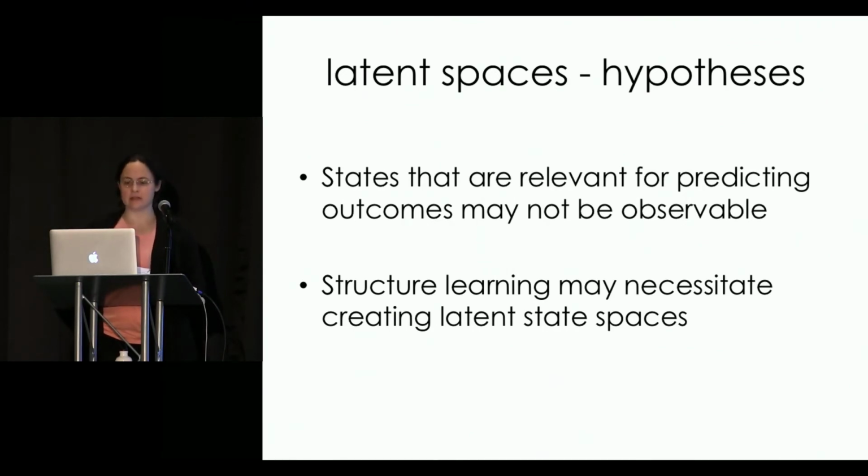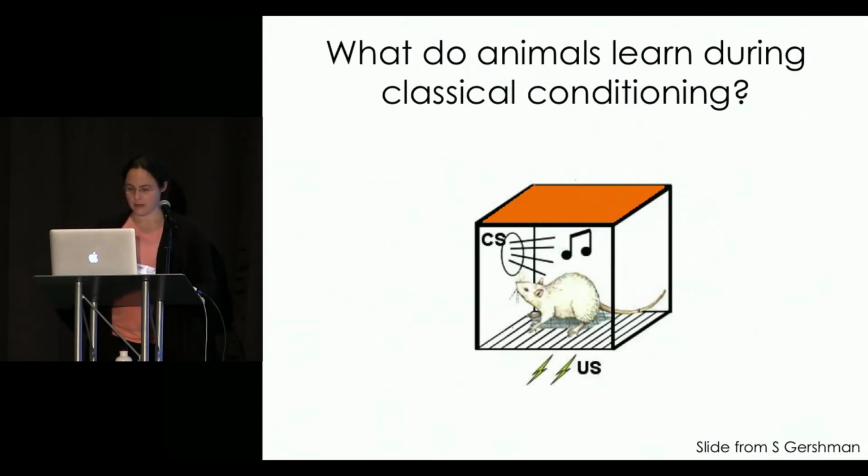In this case, you might need to create a latent space that you could call a latent hypothesis or a latent cause, or that people have called different things in the literature. Okay, so Sam did a lot of work on this, showing that people seem to create this kind of state spaces over latent spaces, and that's this classical conditioning example.